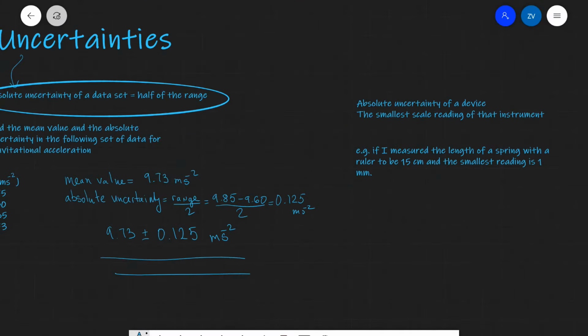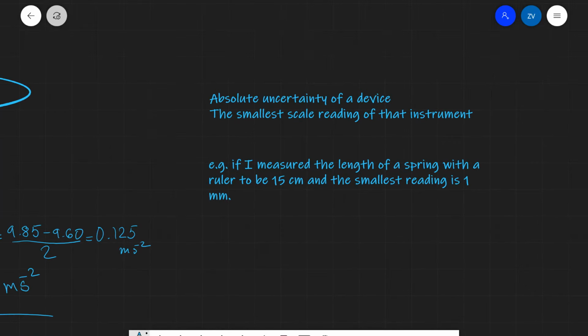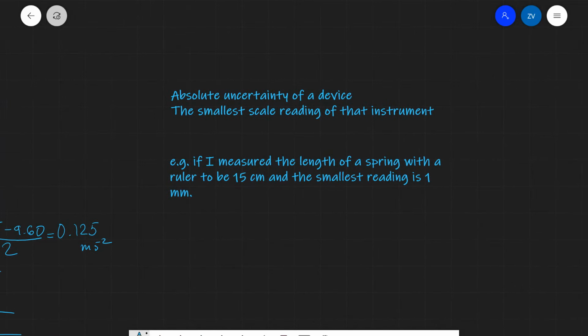Now, if we are not given a data set, but instead we're actually performing an experiment, we can also find the absolute uncertainty of our reading. And the way we do that is using the smallest scale reading of that instrument.